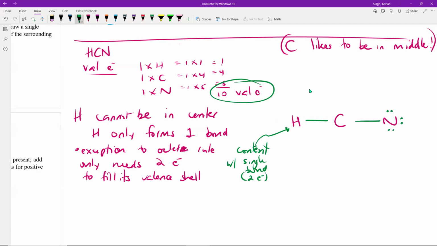Okay, this is not your Lewis structure, though, because even though the H and the N are happy, the carbon here is not happy because it only has 2 and 2, 4 electrons around it.